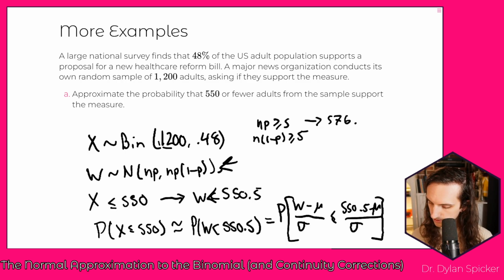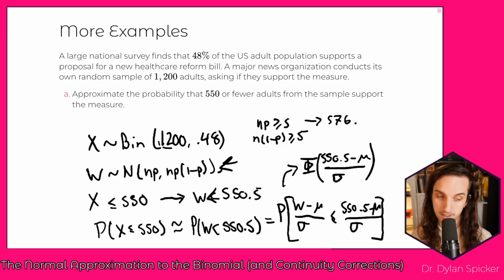Okay, and ultimately this probability here is the same as the probability that the standard normal is less than or equal to that term, right? Which we can use as phi, 550.5 minus the mean over the standard deviation here.